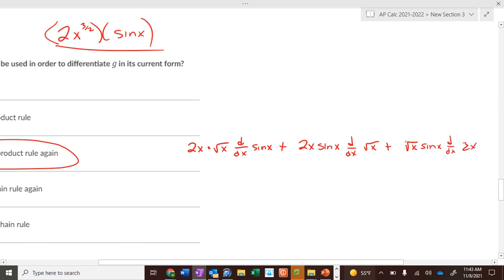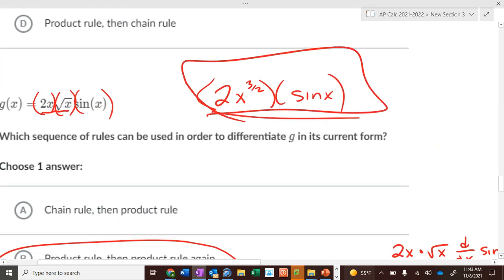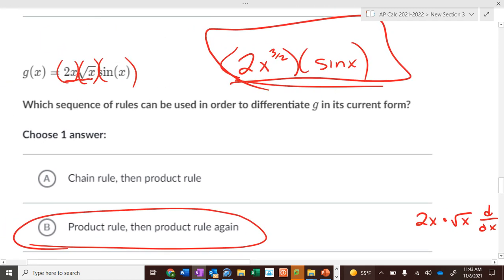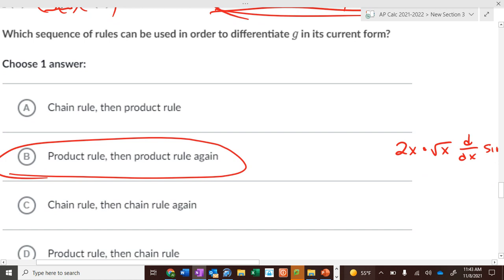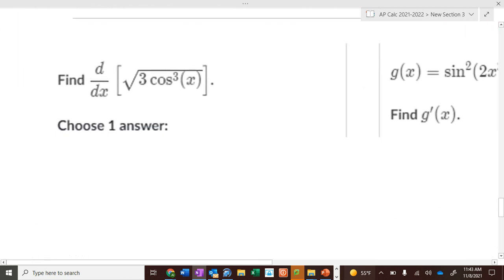That's another way of doing it. I just think, why not just rewrite it and do it? So much easier. So for this one, when there's three things, it's product rule again. I'll give that one to you.